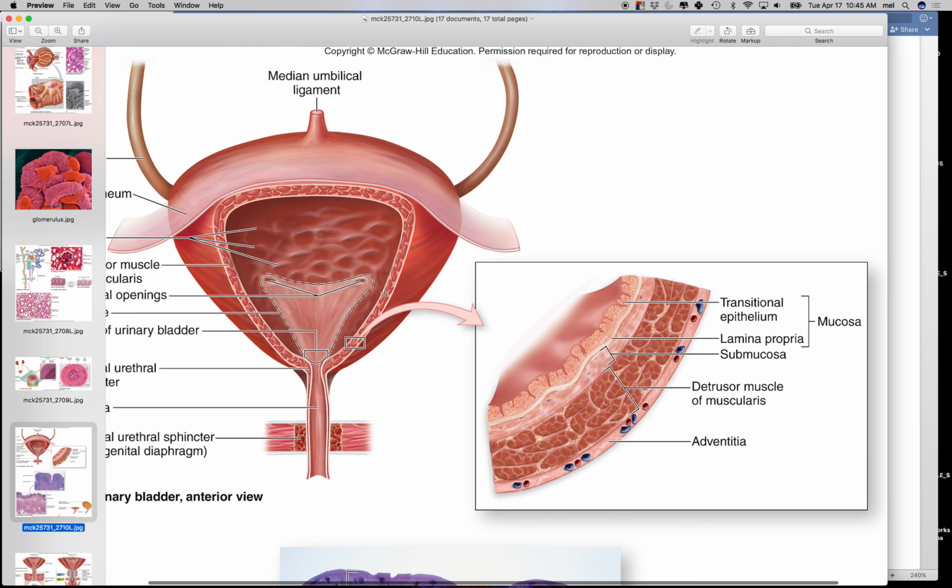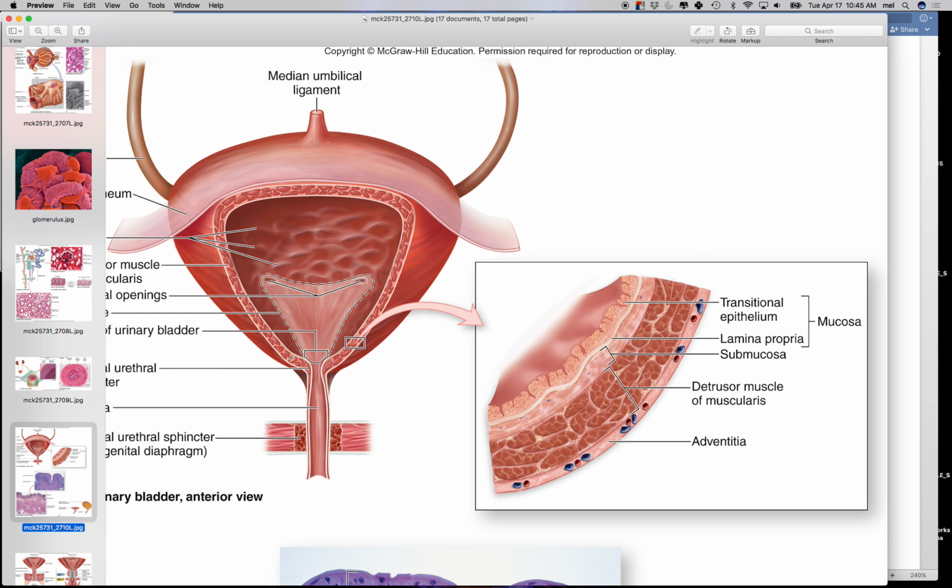You've got 2 openings for ureters and 1 opening for the urethra. And this creates a triangle called the urinary trigone. The trigone has some anatomic variability, just like everything else does. In some people, it's a little deeper than in other people. Unfortunately, that makes you more predisposed to recurring UTIs because it doesn't get cleansed and washed out as readily.